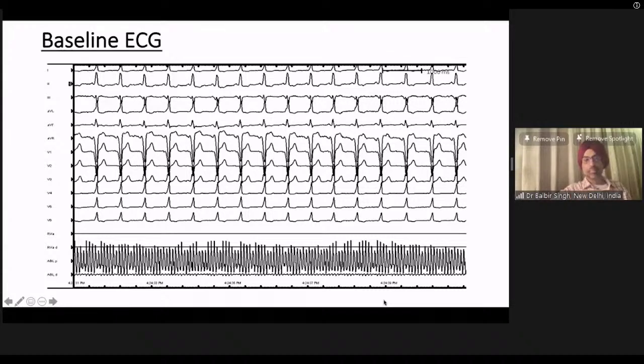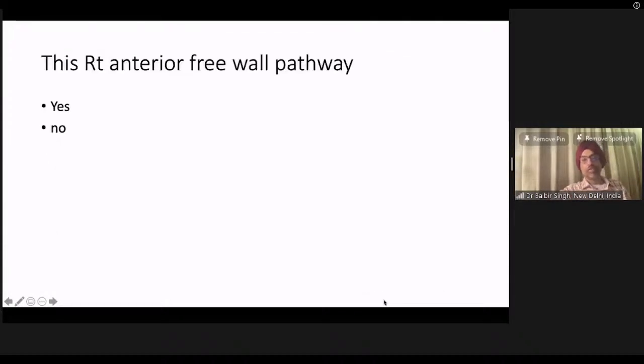So almost 100% yes. So they feel that it is a right anterior free wall pathway.